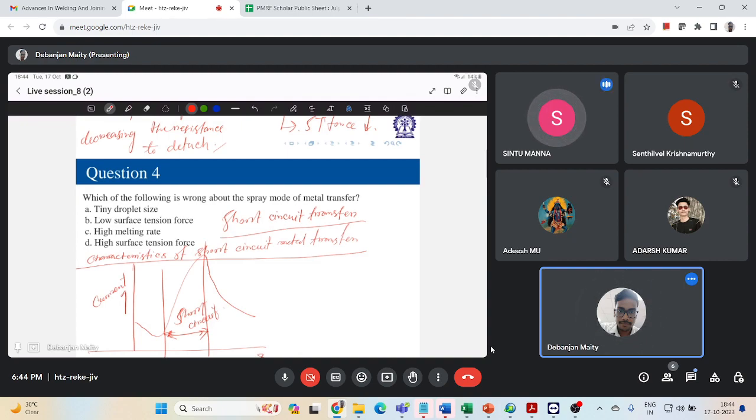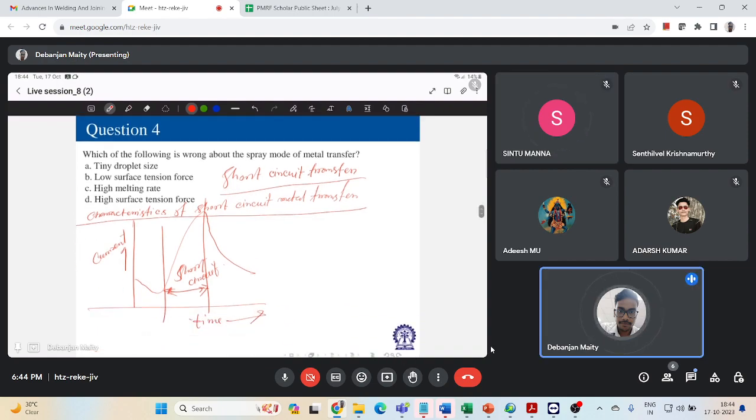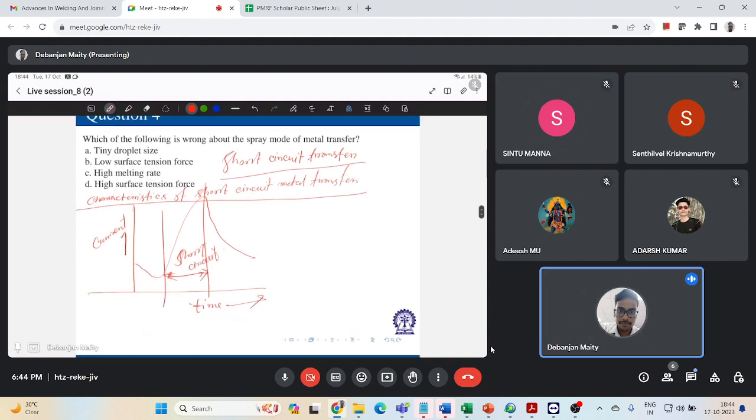The wrong one is the high surface tension force. I have already mentioned in spray metal transfer that because your melting rate is higher, because of the increase in temperature, you will have low surface tension. So high surface tension is wrong. So here option D is correct.